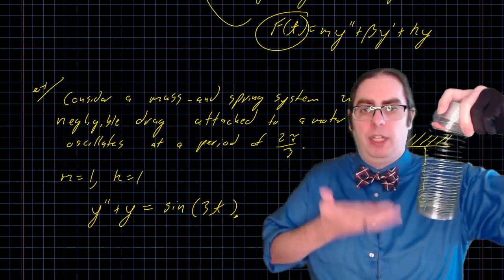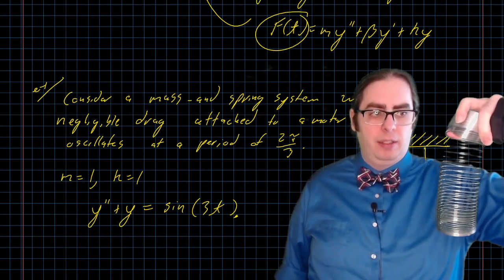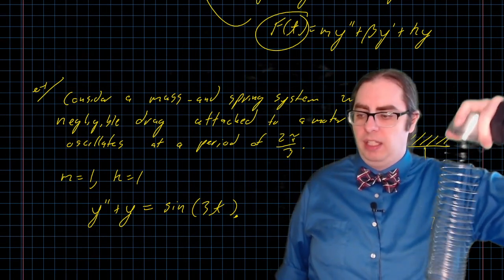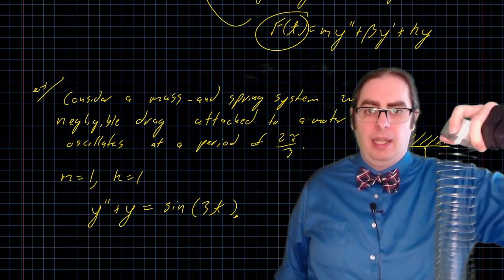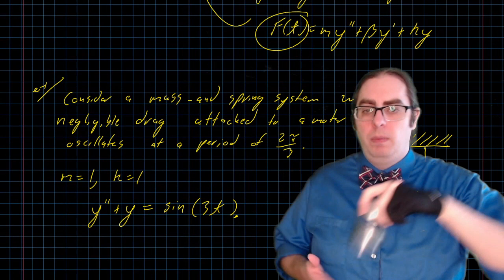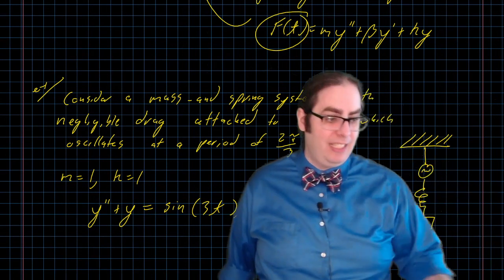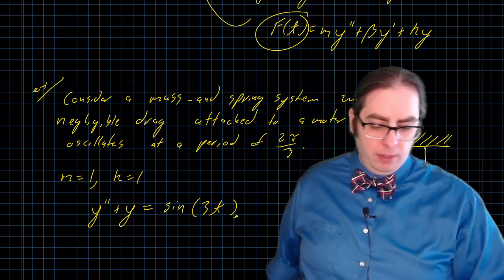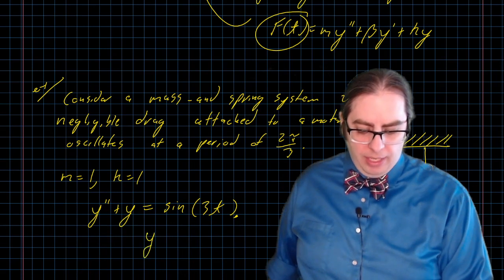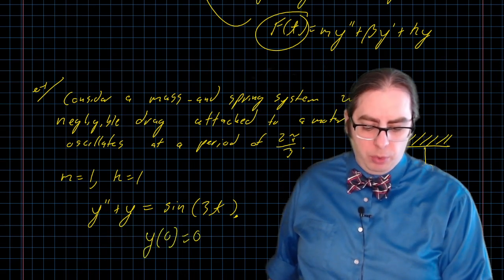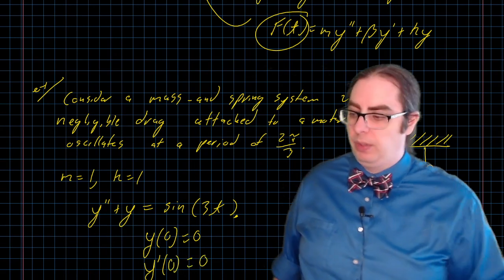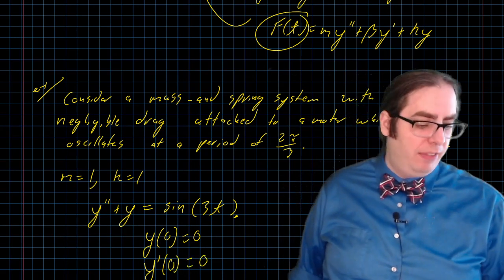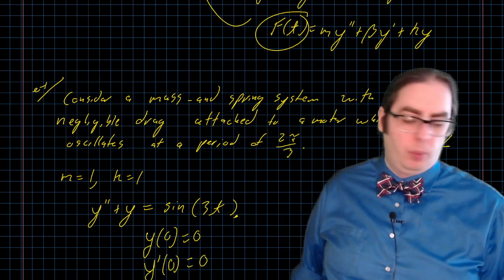I have a spring that is sitting there doing nothing, and then all of a sudden, it starts shaking. So my initial conditions in that case are that y of 0 is equal to 0 and y prime of 0 is equal to 0. Here we have an initial value problem to work with.